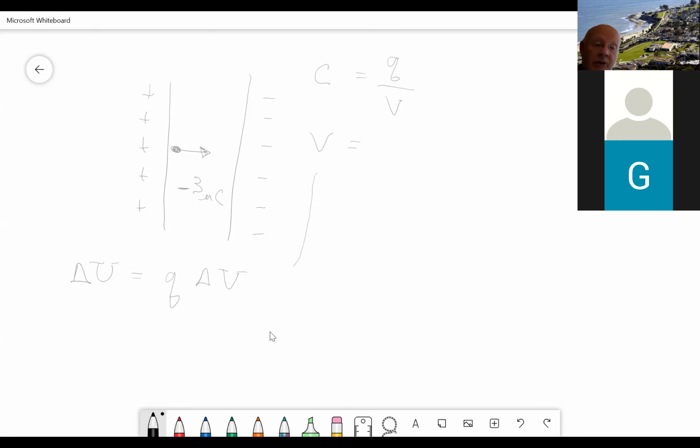Because then I will use that down here and see how much energy would be required to go all the way across. So this is the charge over the capacitance. And they said that the charge on the plate is 1,000.